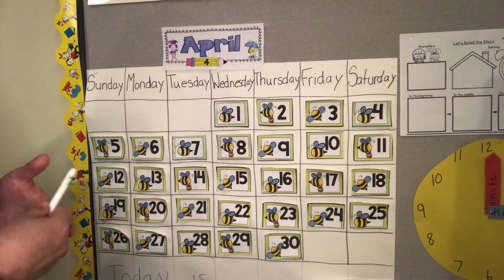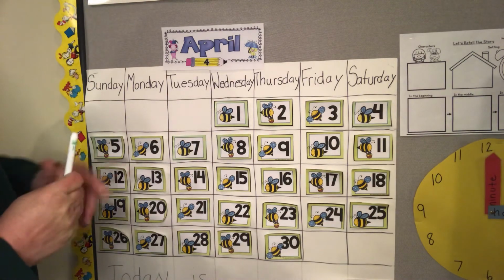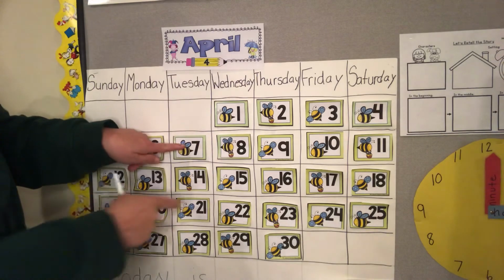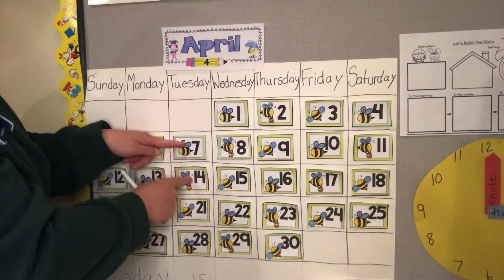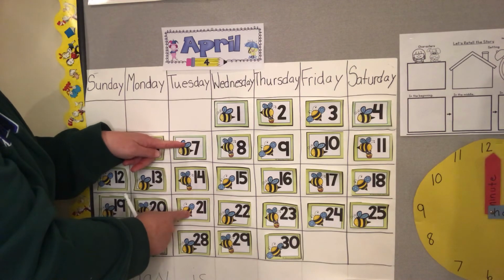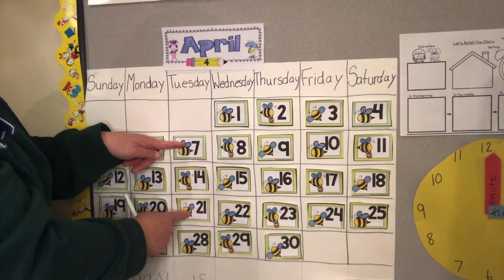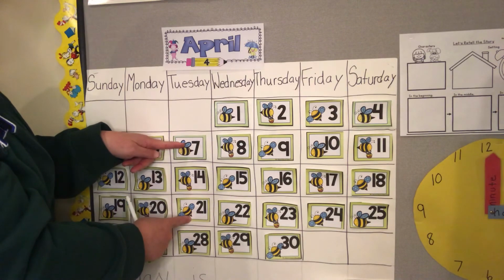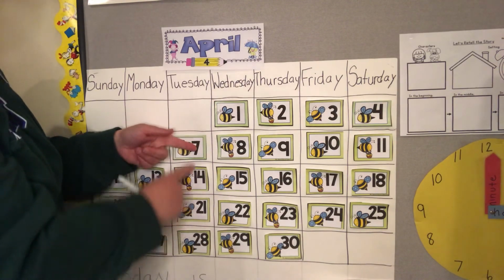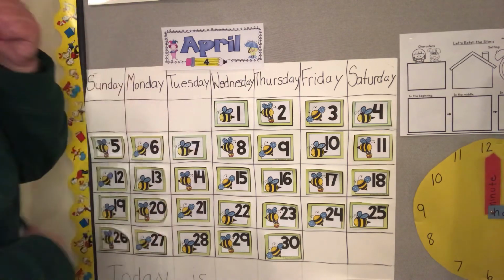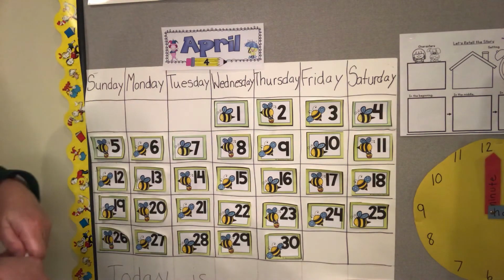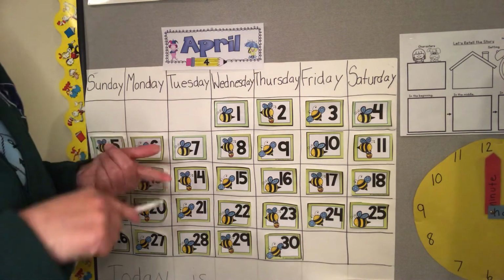So if I ask the question, how many days are between April 7th and April 21st, I can see that that's 3 weeks. 3 weeks is 21 days. Oh, I'm sorry, that's 2 weeks is 14 days, because you don't count the first week. So here to here is 1 week, here to here is another week. That's 2 weeks.